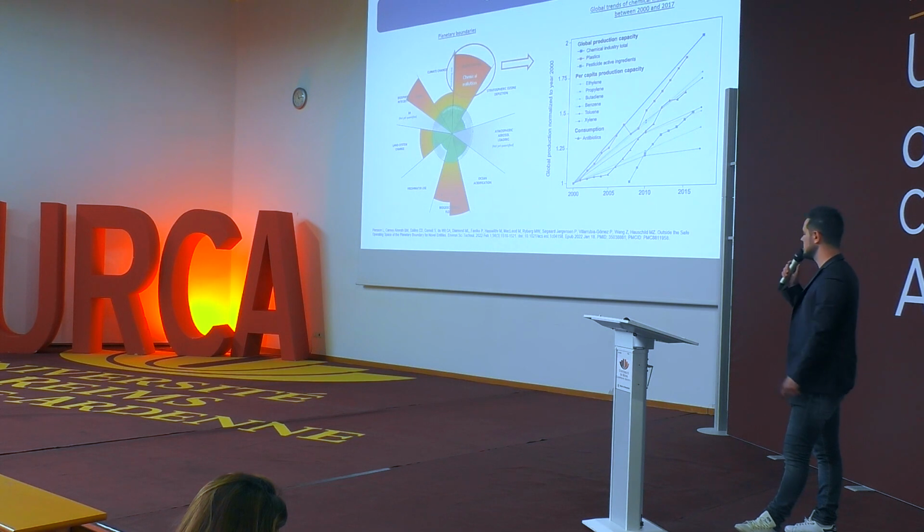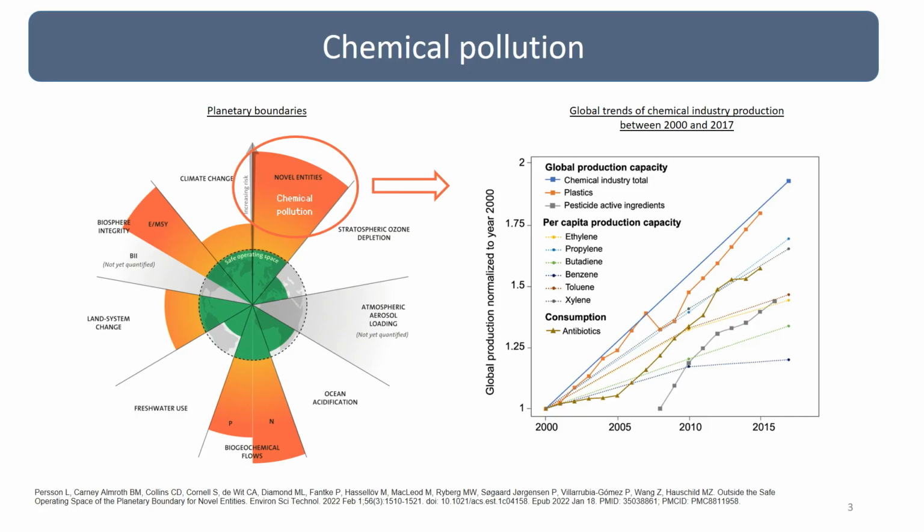So you can see on the right a picture that shows the continuous increase of chemical production in the world, with a strong diversity of substances, newly with perfluorinated compounds and microplastics, for example.